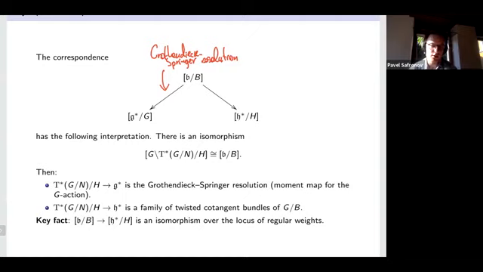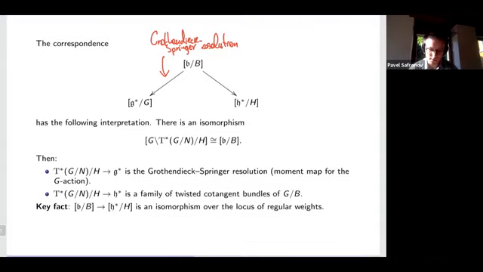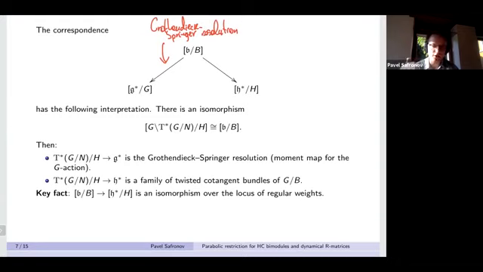You can also think about the H action on the right of the cotangent bundle of the base affine space, and you can look at the moment map for that. Or you can think about a family of twisted cotangent bundles of the flag variety. And they're parameterized by weights in H dual. So that's the interpretation of the two maps.